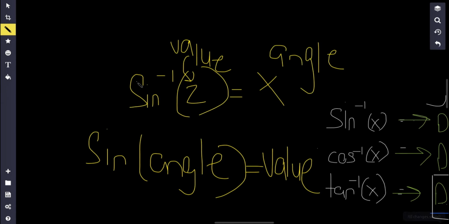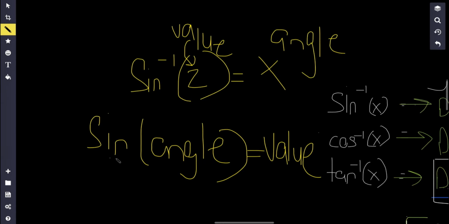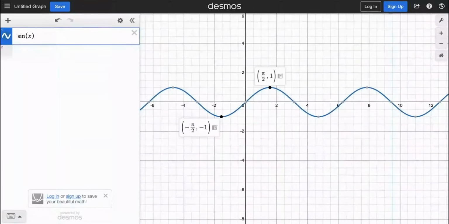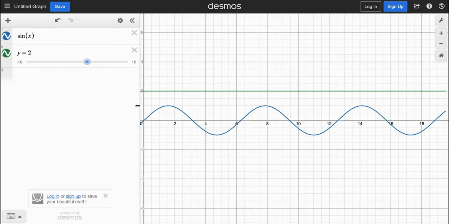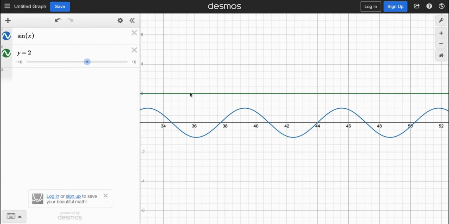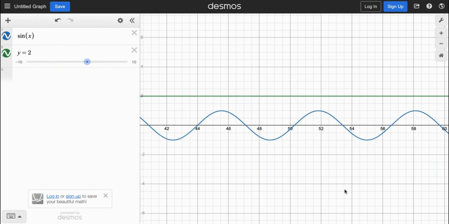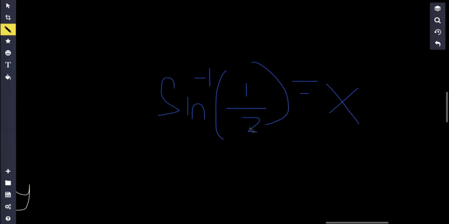So if we're given that sine of some angle is equal to 2, what is the angle that corresponds to it? But notice how for sine of x, all values are in between -1 and +1. There is no angle whose sine corresponds to a value of 2. So that is why this does not work.